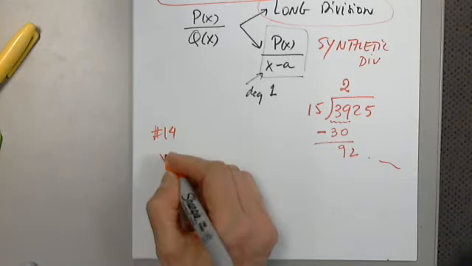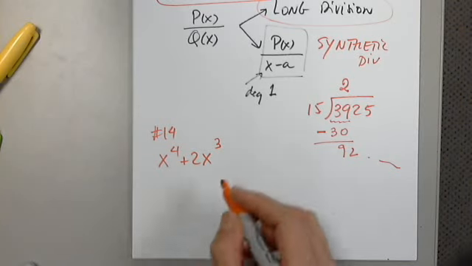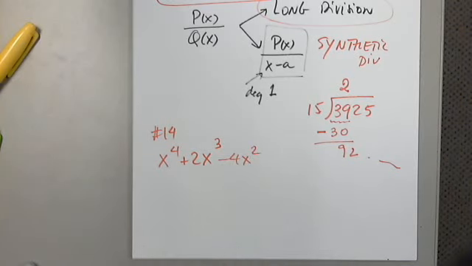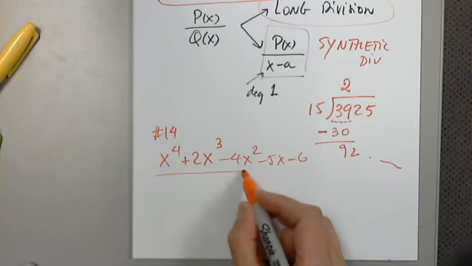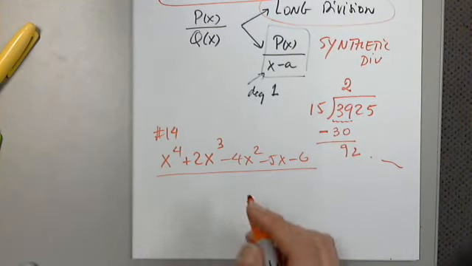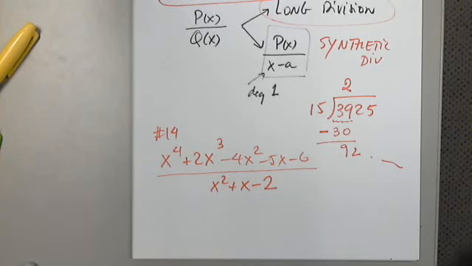We have x to the 4th plus 2x cubed minus 4x squared minus 5x minus 6, everything divided by x squared plus x minus 2. So we are asked to divide these two polynomials. Okay, fine.